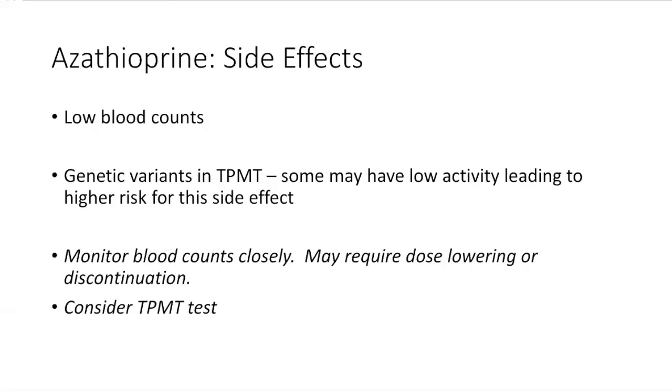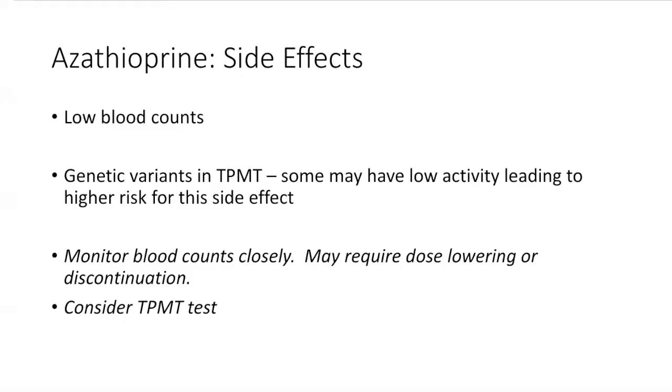So oftentimes people check for what type of genetic variant of TPMT someone has before starting this medication to be on the safe side. Or sometimes it's checked after checking the blood cell counts, because if the blood cell counts are fine, it isn't necessary to check that TPMT.